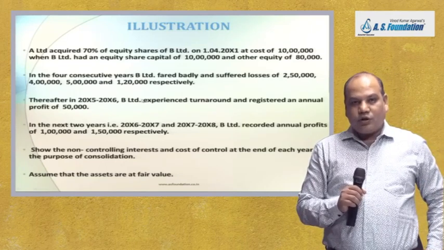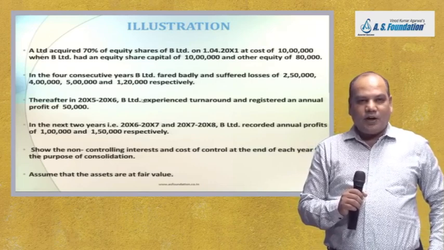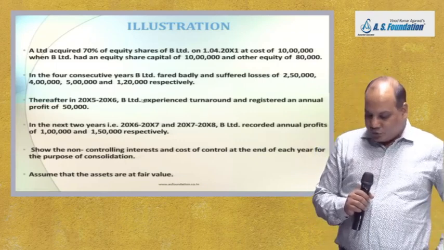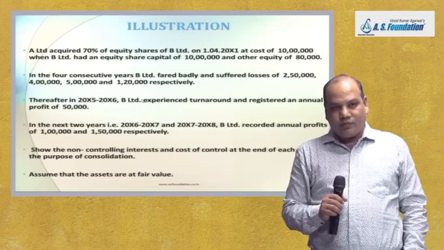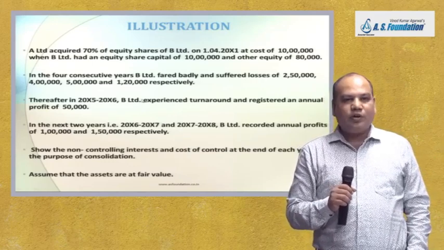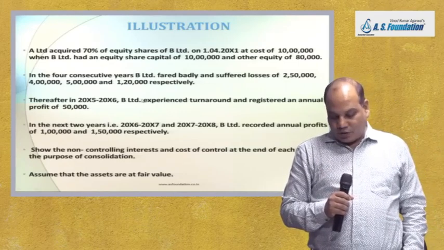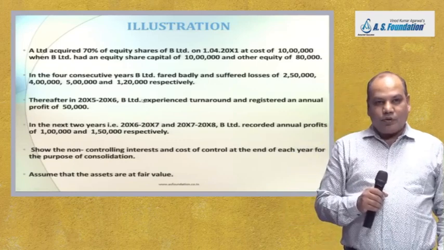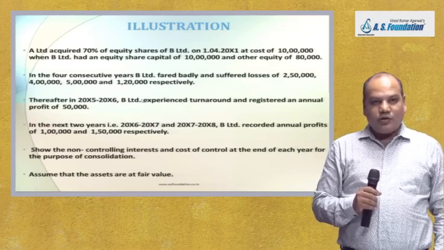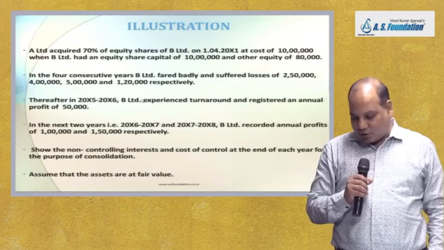In the 4 consecutive years, B Limited fared badly and suffered losses of rupees 2,50,000, 4 lakh, 5 lakh and 1,20,000 respectively. Thereafter, in 2005-06, B Limited experienced a turnaround and registered an annual profit of rupees 50,000.